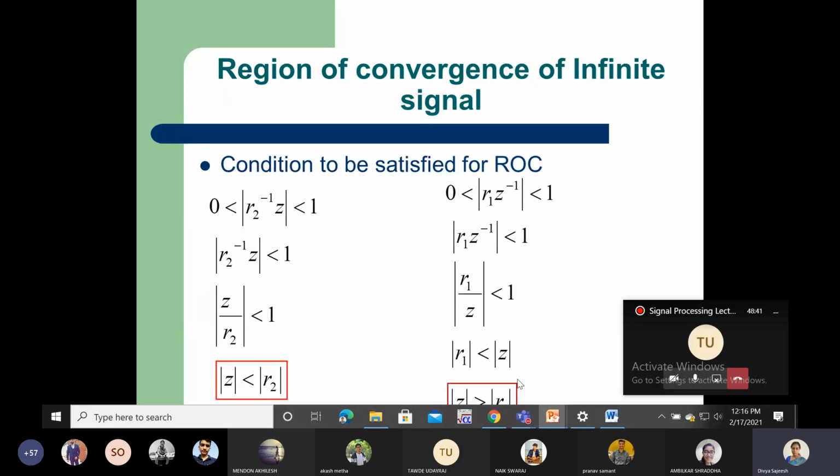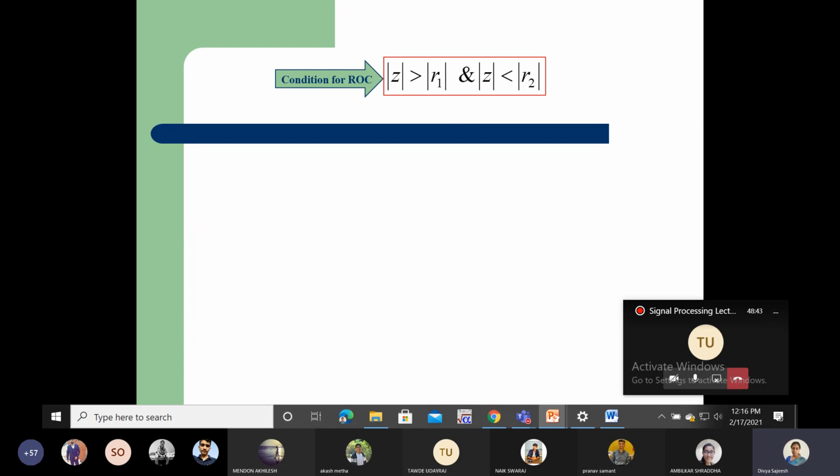That means it should be a combination of both: Z greater than R1 and Z less than R2. That means the region of convergence, the values of Z for which the Z transform exists, lies in this range, greater than R1 and less than R2.